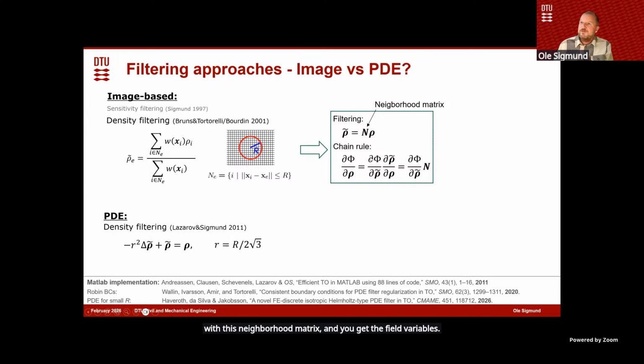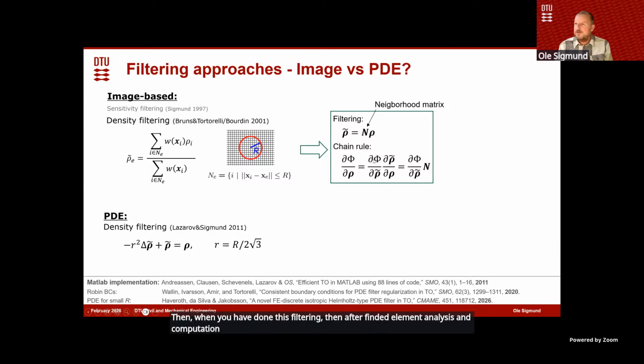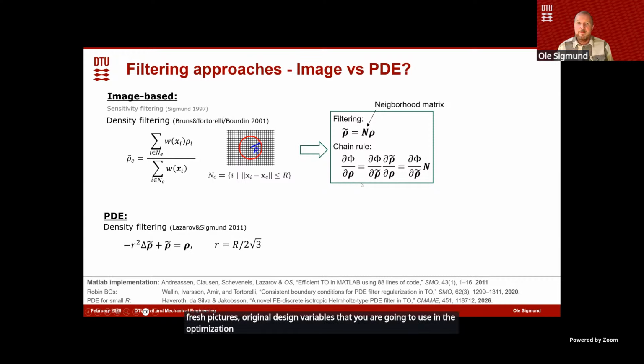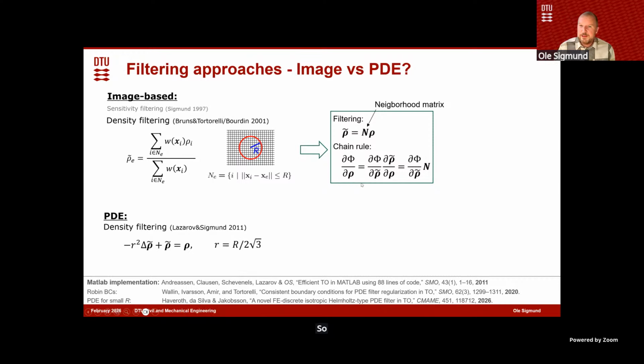When you have done this filtering, then after finite element analysis and computation of the sensitivities, you have to do the chain rule to find sensitivities with respect to the original design variables that you are going to use in the optimization step. So this is the image-based technique.